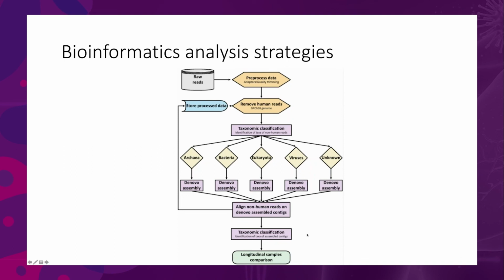The final step is to again run taxonomic analysis on the de novo contigs that we obtained, which we consider not junk, and try to put a taxa ID on them, and then work with this information further.